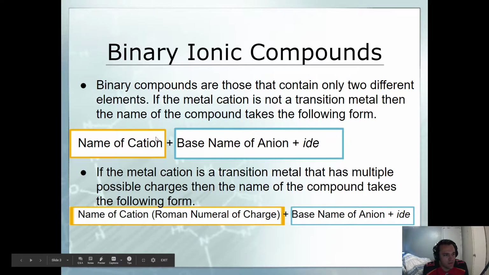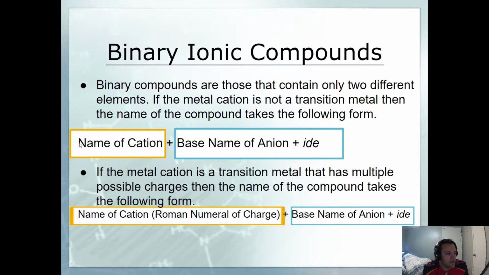So if it's one of those metals that only has one possible charge, it will be the name of the cation, the name of whatever metal is in your bond, and then the name of the anion, which would be whatever nonmetal it's bonding to. But at the end of the anion, you take off the end of that chemical and replace the end with -ide, I-D-E. I'll show you an example of that in a couple seconds.